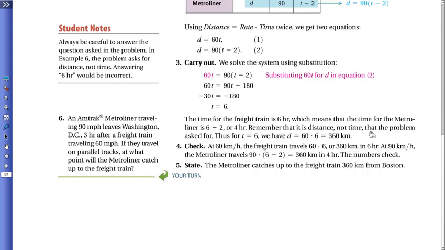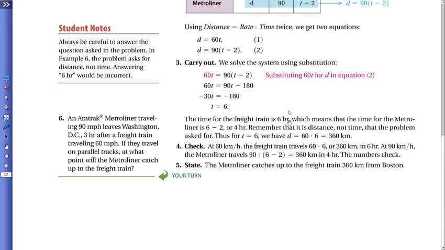Now remember that the distance, not the time, is what they're asking for. So I could take those first 6 hours times the 60 kilometers per hour, and I would find out that this freight train actually traveled 360 kilometers.